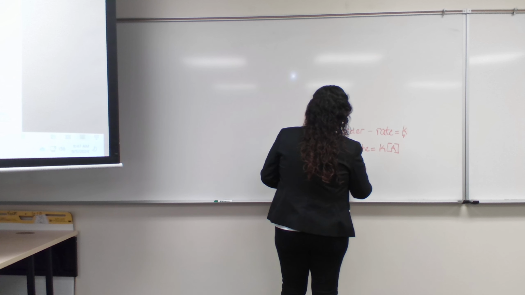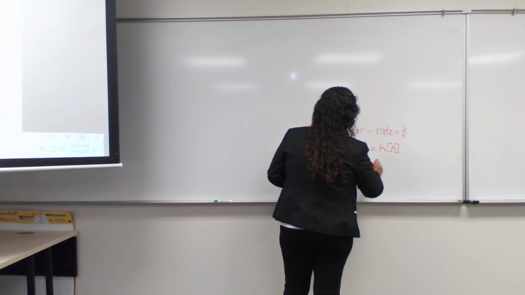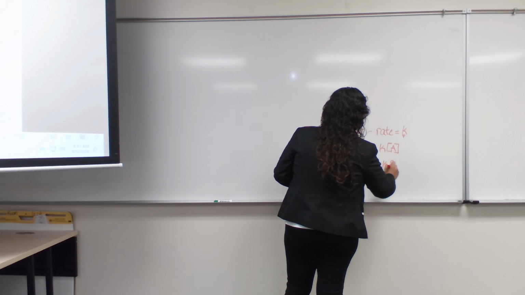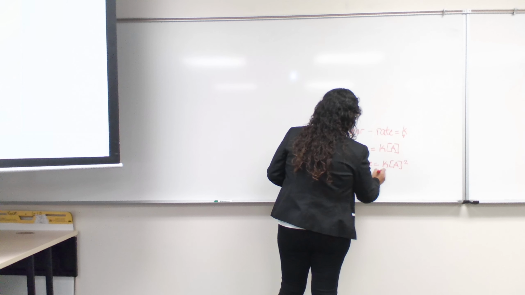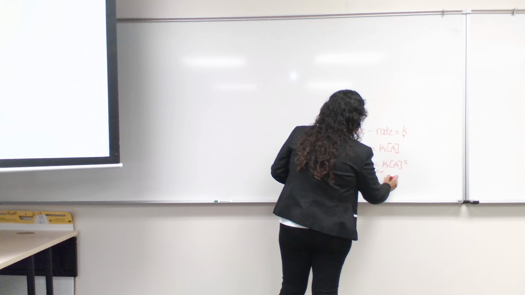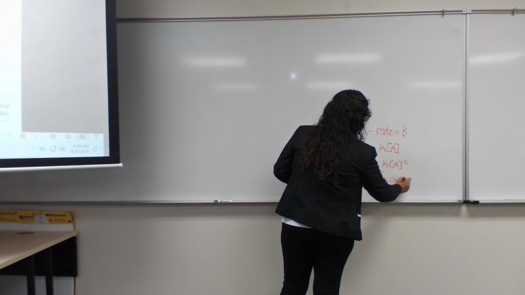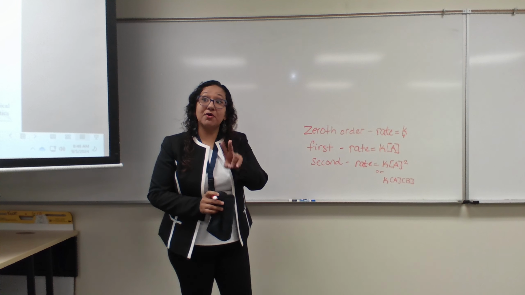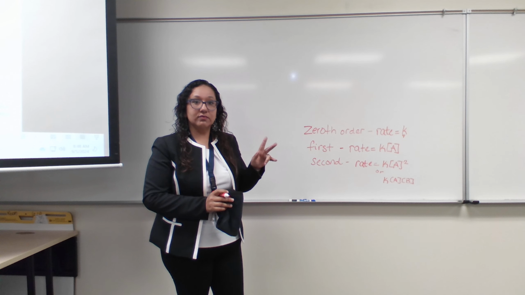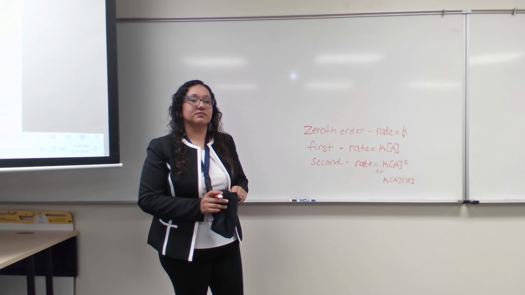A second order reaction says rate is equal to the rate constant times either [A] squared or k times [A] times [B], where they both play a role in the reaction.